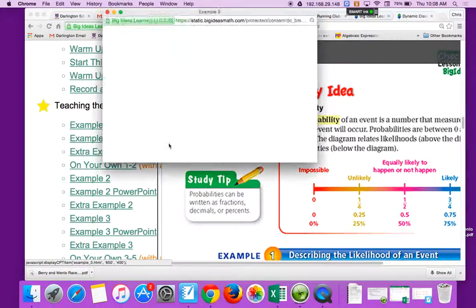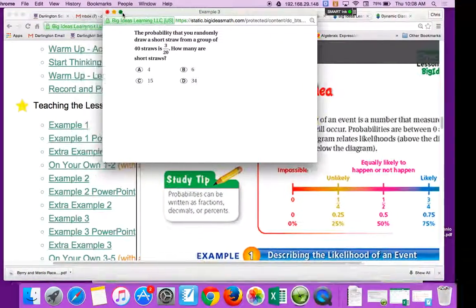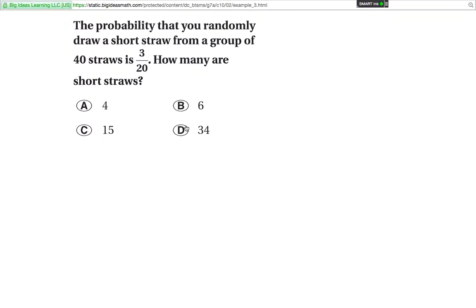Last one. What is the probability that you randomly draw a short straw from a group of 40 straws is 3/20. How many short straws? What would be your strategy here to solve this problem? If you have a fraction of 3/20, the 3 is the number of favorable outcomes, the ones we want. 20 is your total.